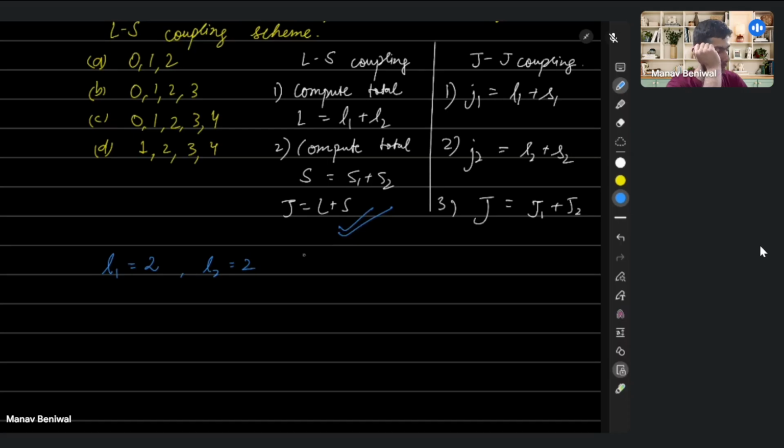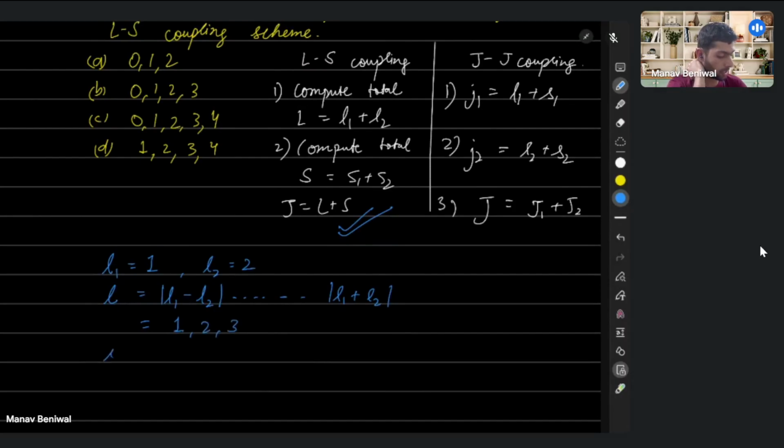So the total L can have all the possible values from L1 minus L2 all the way up to L1 plus L2. The difference is 1, and L1 plus L2 is 3. So L can have all the values 1, 2 and 3.